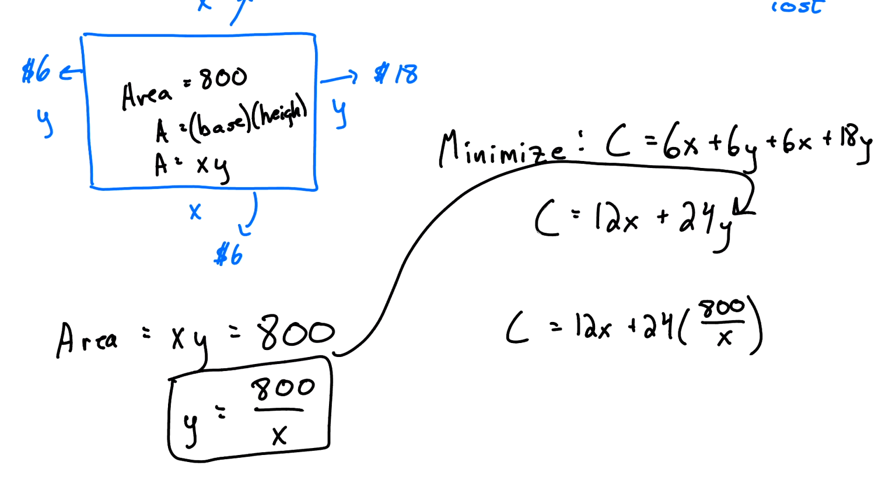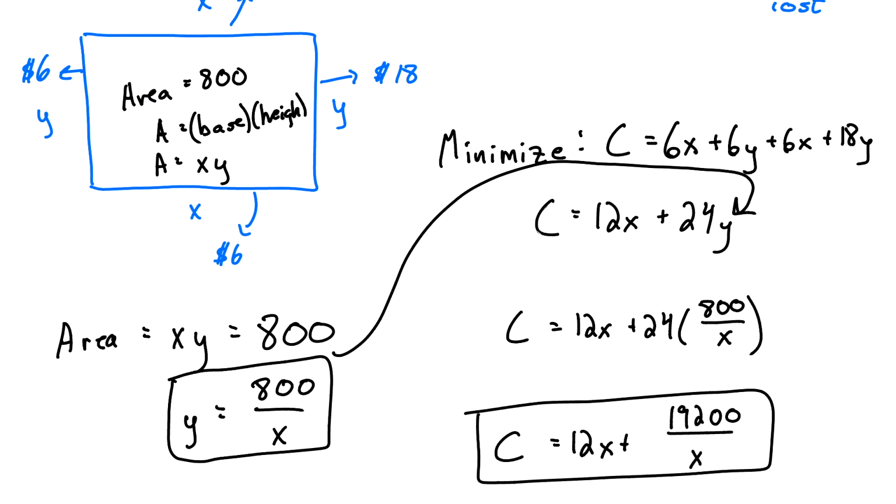So if I wanted to clean this up, I can go ahead and multiply 24 times 800. This is saying c is equal to 12x plus, let's see, 24 times 800, I'm going to get 19,200 divided by x.